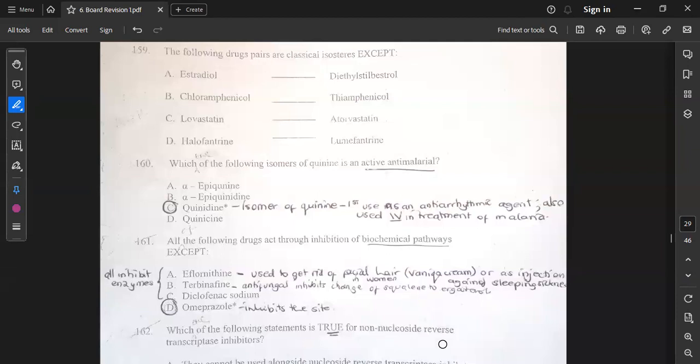Terbinafine: squalene epoxidase inhibition. Have we gone through antifungals before?